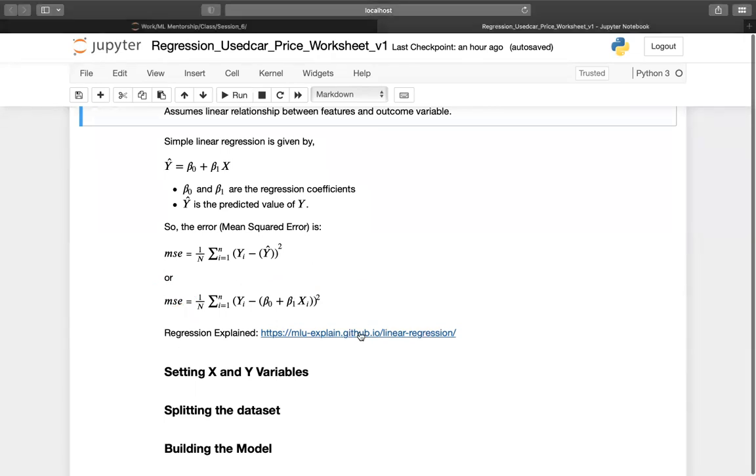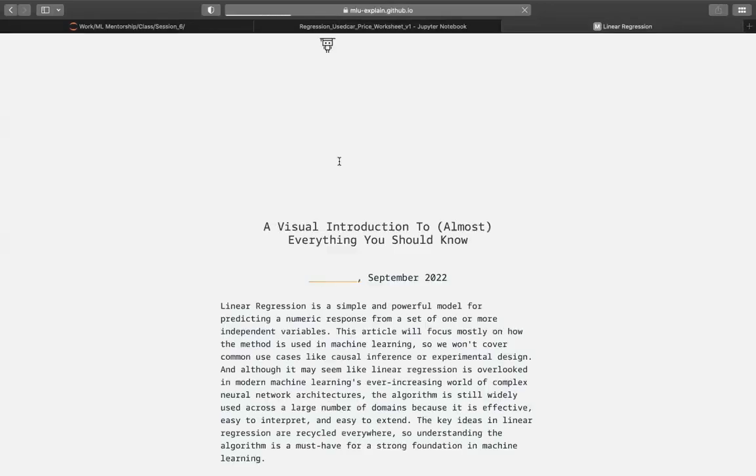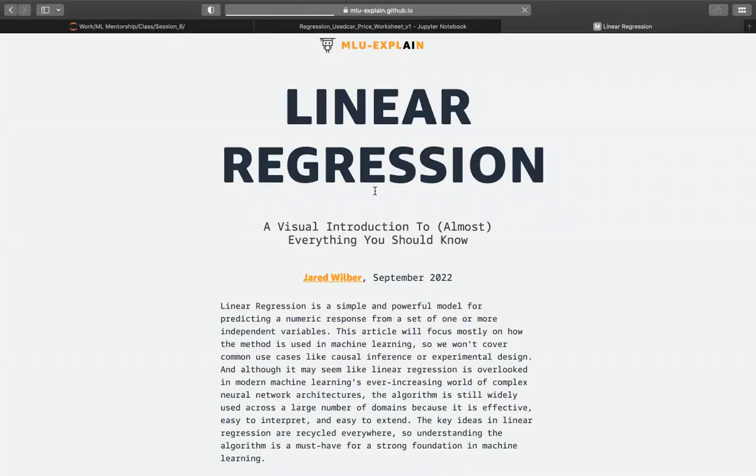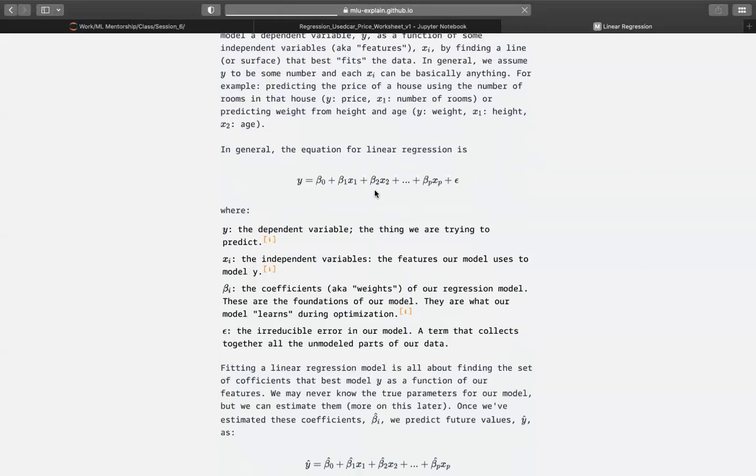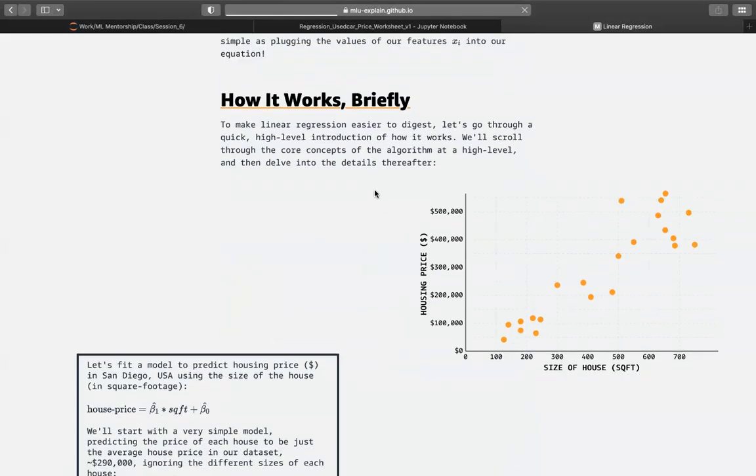So here also there is a nice site called MLU Explain for linear regression. Right, it's a very nice site, which shows an example of predicting the price of a house, given the size of the house in square feet. You can think of it like a carpet area or something.